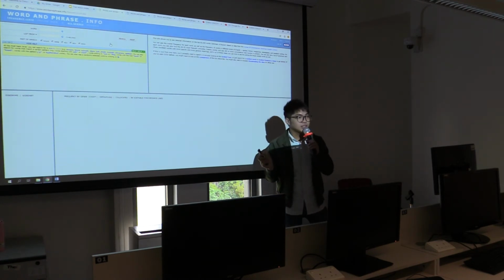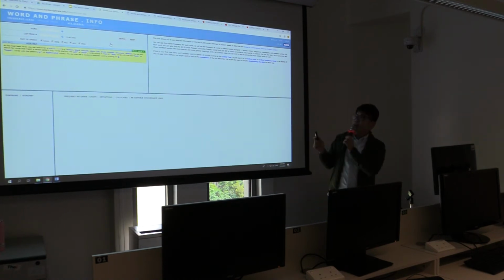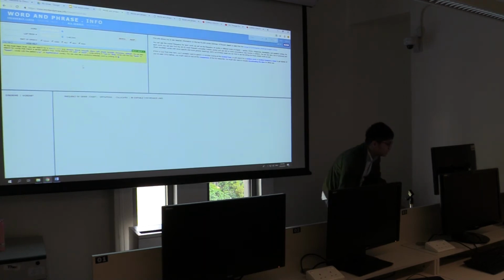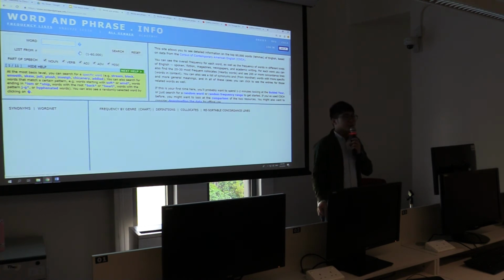I'll demonstrate how you can use this corpus tool to help you learn English. As you can see here, we have words, so you can type in the word that you want to search.